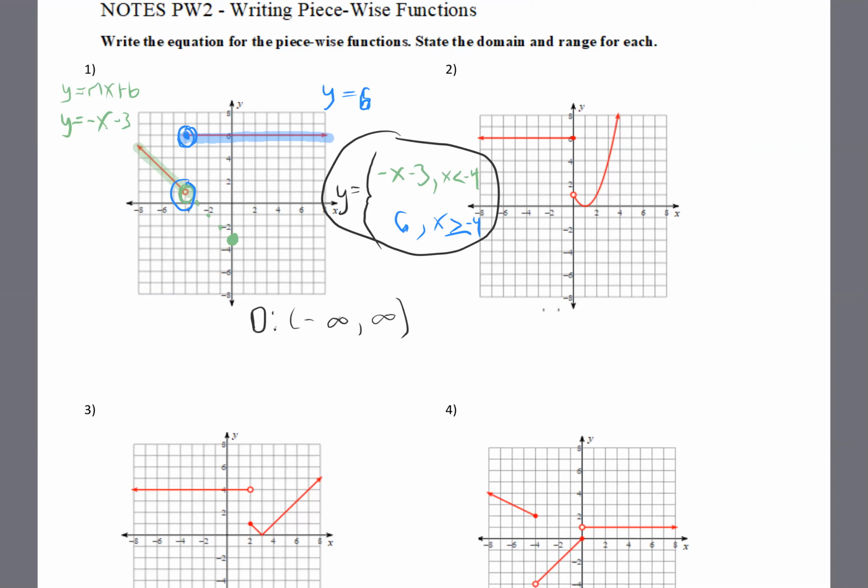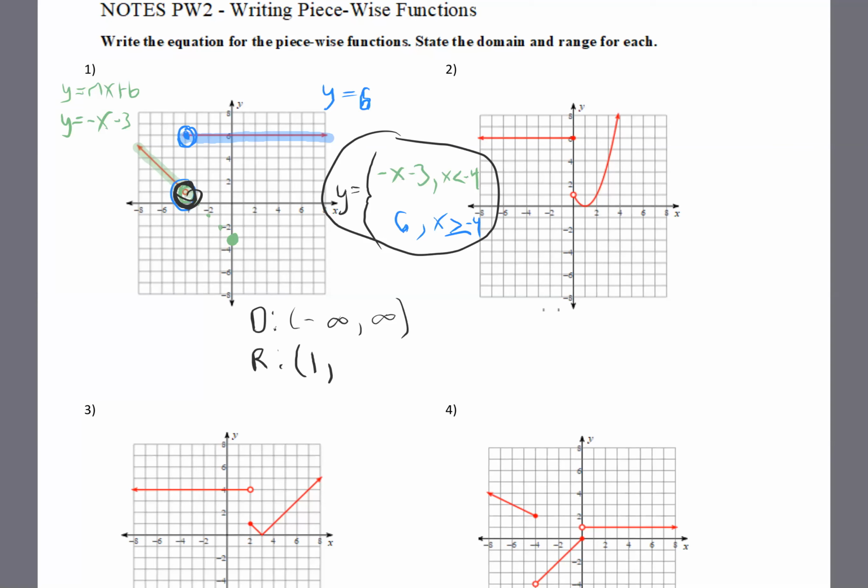Okay, so for the range, does this one have a lowest point? Yes. So what's the y coordinate of the lowest point? 1. So this point right here has a y coordinate of 1, and I'm not including the point, so I use a parenthesis.